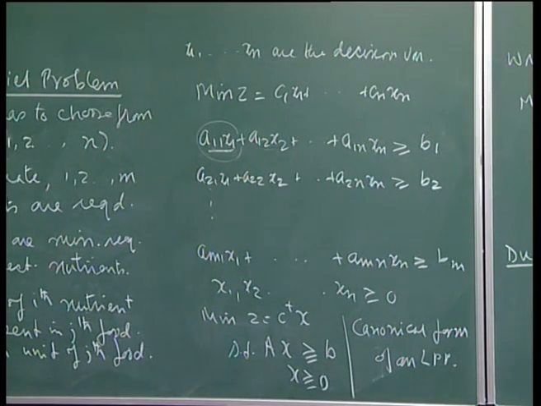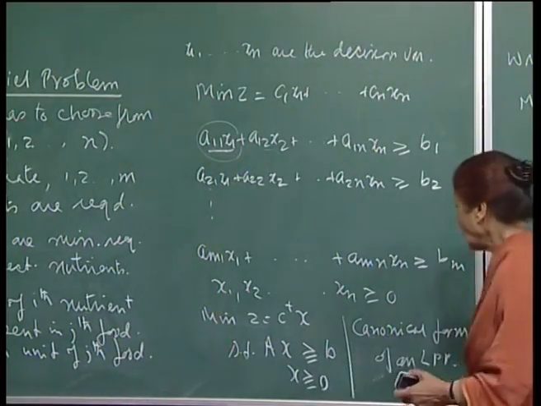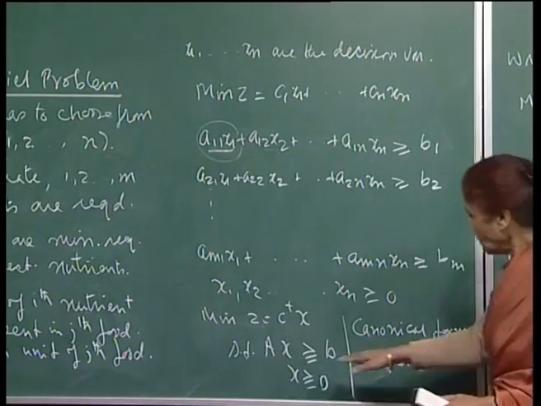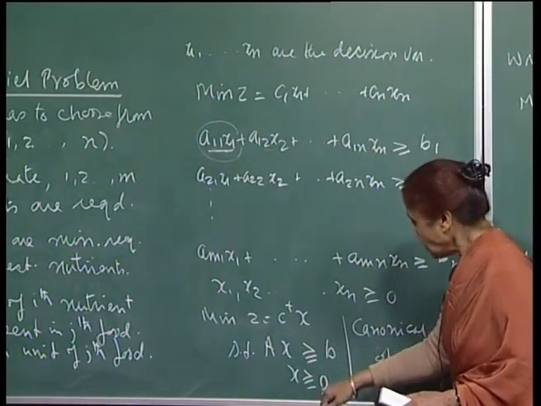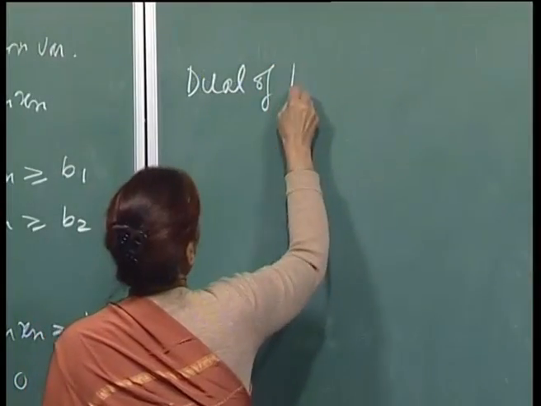Now, let us write down the dual to this, and remember in this case the constraints are all greater than or equal to, there is no equality constraint, so that means your m bar is missing and n bar is missing. So, write down the dual of the diet problem.